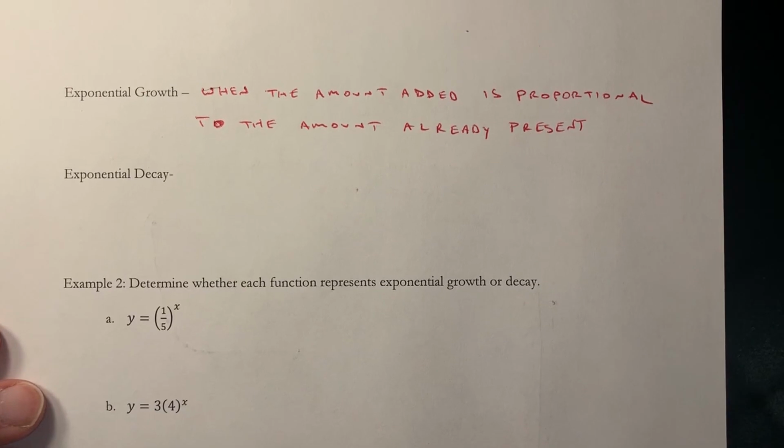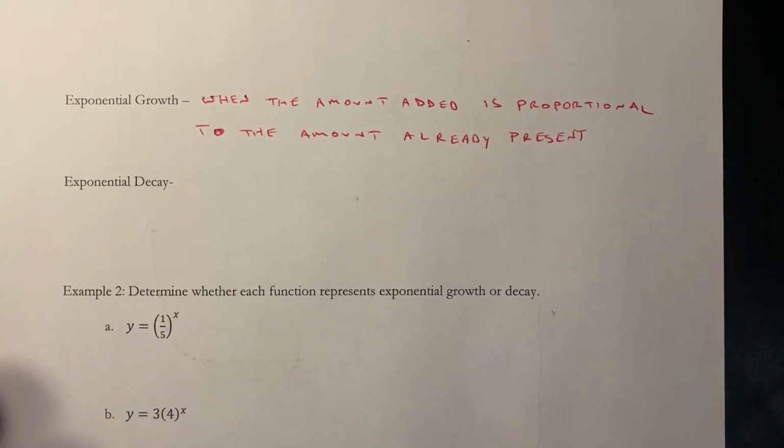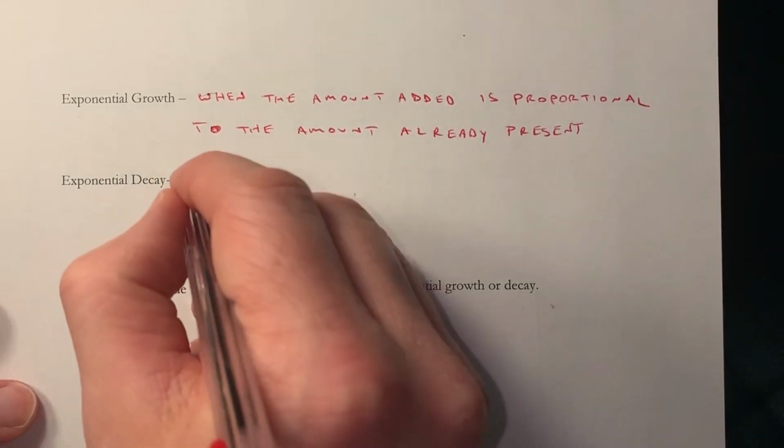Exponential decay happens when the amount of decrease is proportional to the amount present.